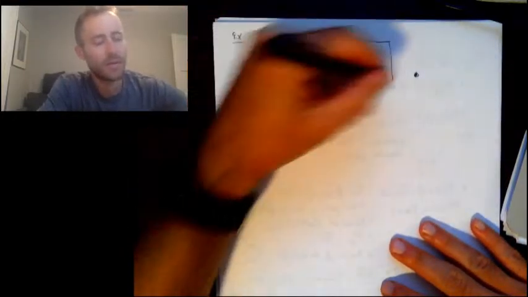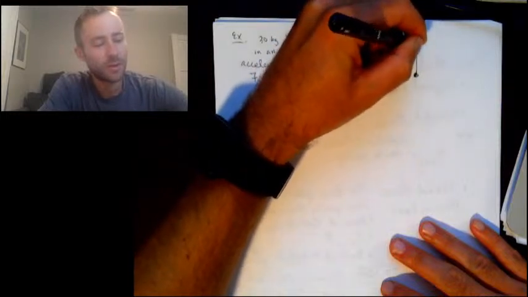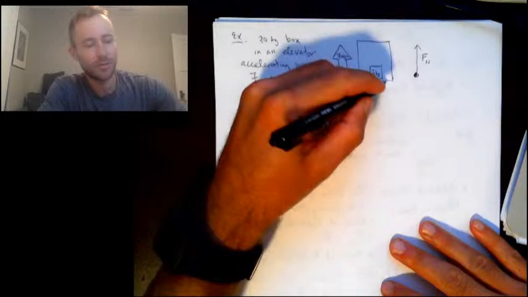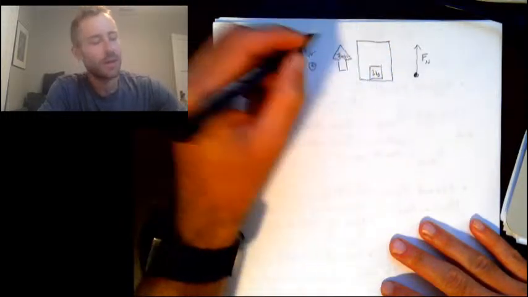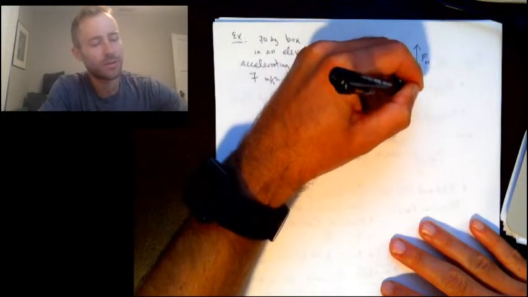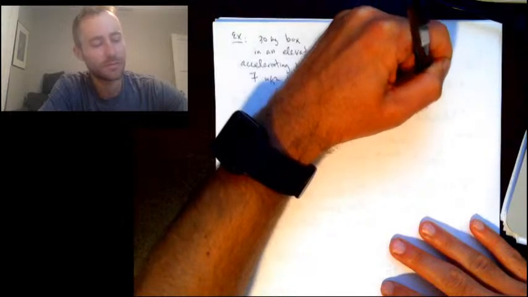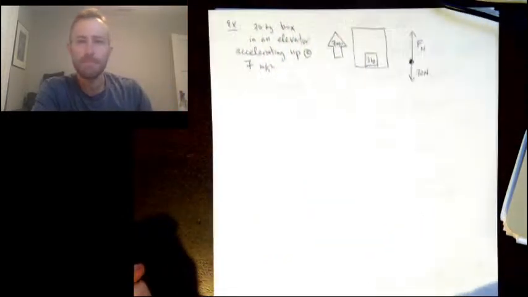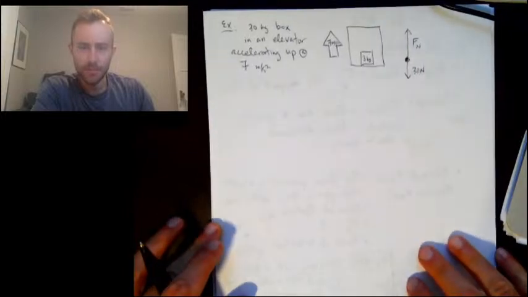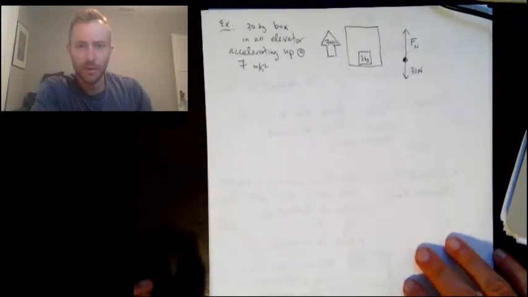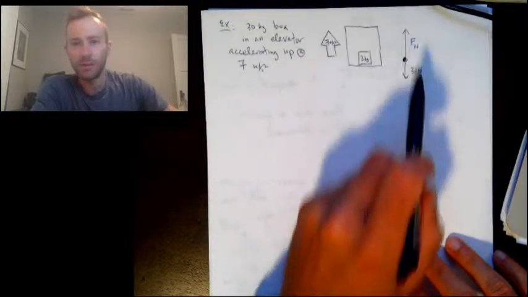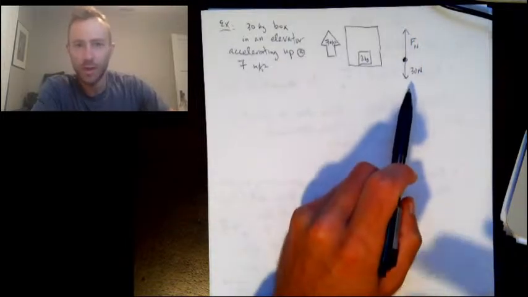So we've got the normal force that goes upward, because it's perpendicular to the floor. And we've got the weight force that goes downward. It's 30 newtons. So you might notice that I've drawn the normal force as bigger than the weight force in this case. Now, why is that?